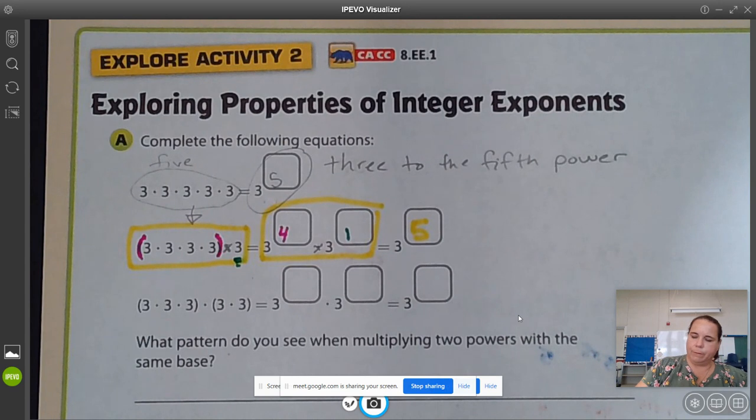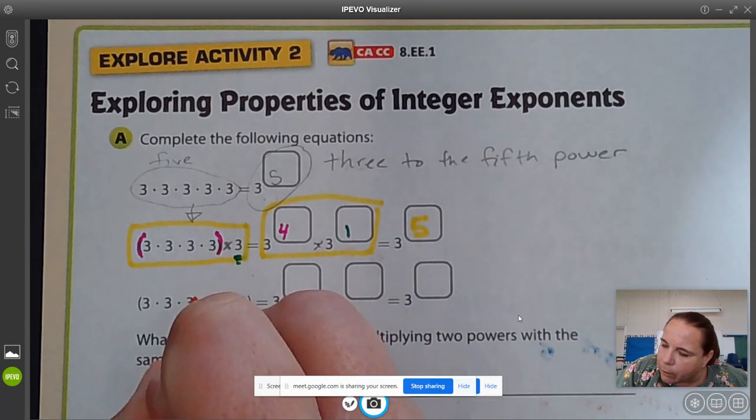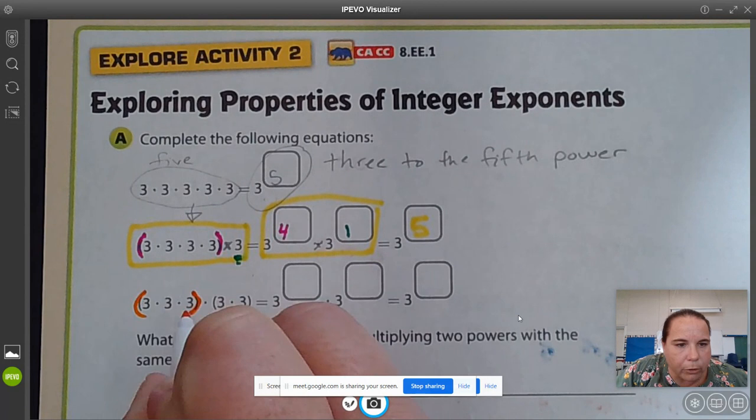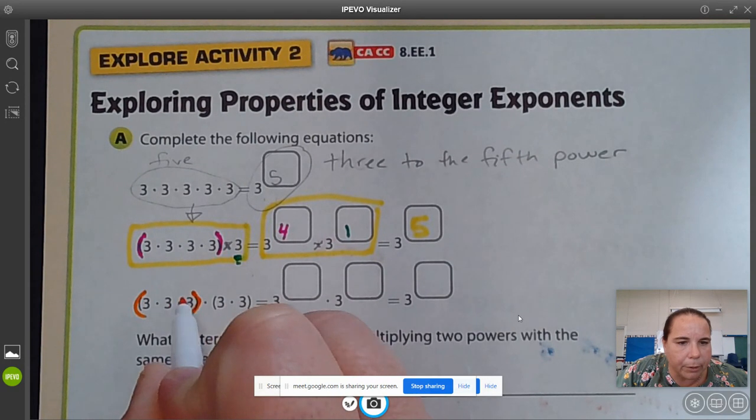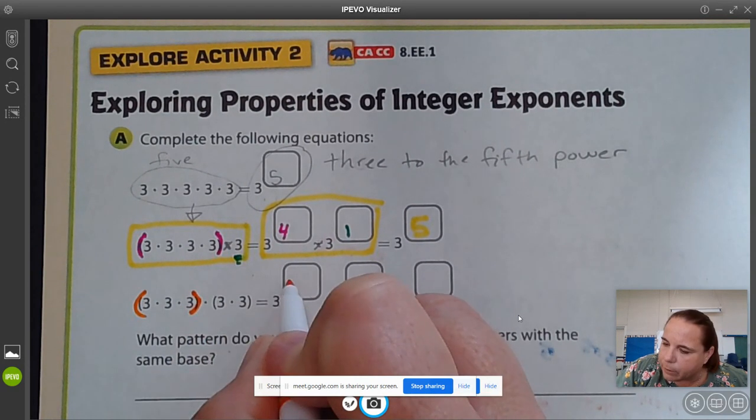Well, what if those numbers were grouped in a different way? What if they were grouped with these 3? Right here, these 3 are multiplied in a row, so this is 3 times 3 times 3, so 3 3s.